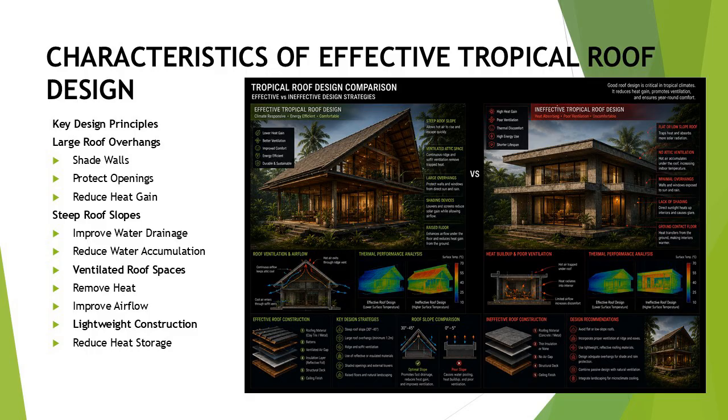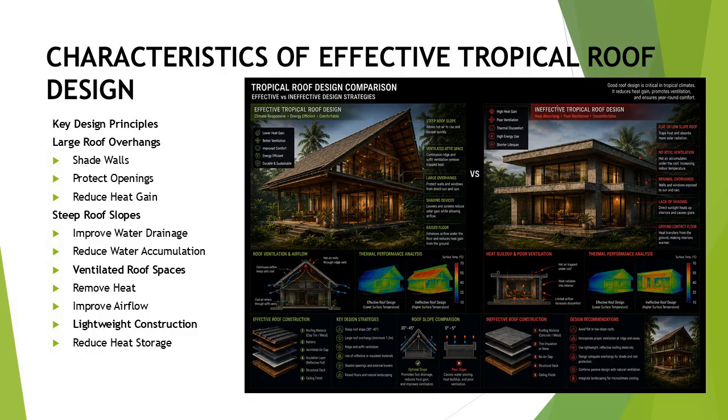The second is steep roof slopes. Heavy rainfall requires efficient water shedding. Steeper roofs reduce water accumulation and improve drainage. The third is roof ventilation. Ventilated attic spaces allow heat to escape before reaching occupied rooms. This reduces indoor temperatures significantly.